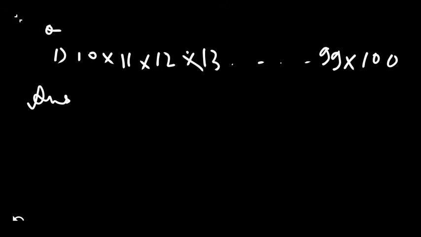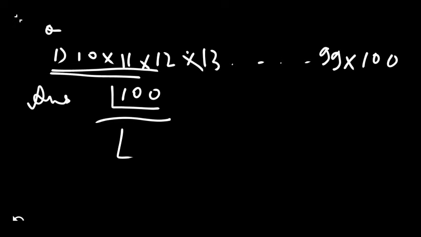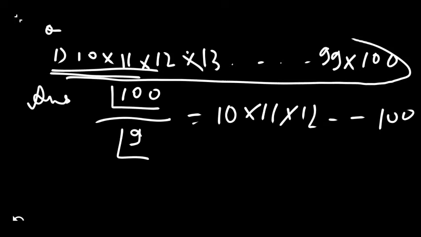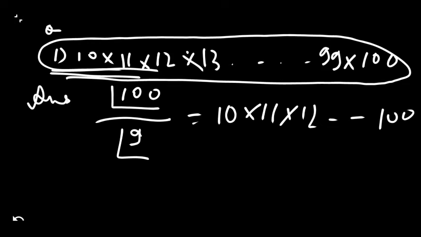As you can see, the numbers before 10 are missing. 100 factorial will be 100 multiplied by 99 up to 3 into 2 into 1, and it will have 9 into 8 into 7 as well. But in this question we don't have that, so what do we do? We just divide by factorial 9, because it will cancel out all the numbers before 10 and leave us with this answer. So this expression may be written as factorial 100 divided by factorial 9.